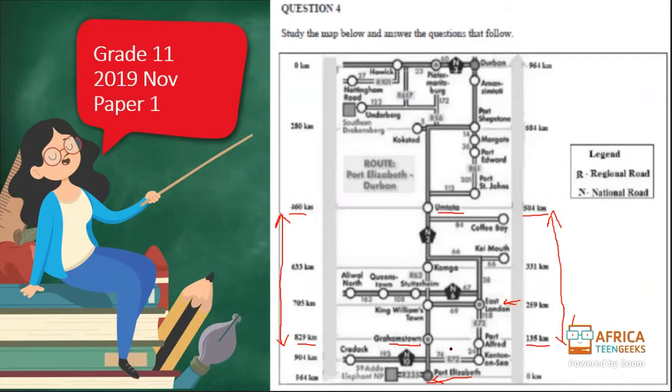That is a simple question, a 30-second question. What is the distance in kilometers, right, between East London and Port Elizabeth?